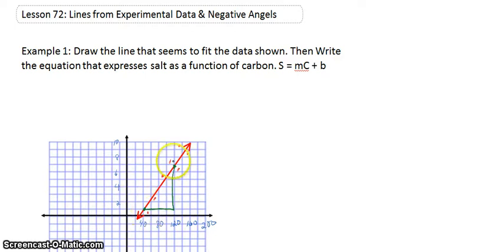Okay, so I picked a couple points and drawn a triangle here to find out what my slope is. Now these are going by 1, so 1, 2, 3, 4, 5, 6 for my rise.